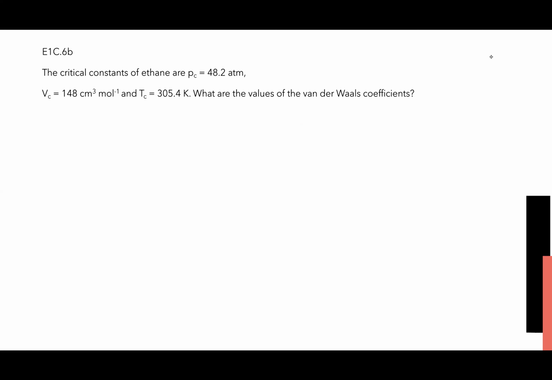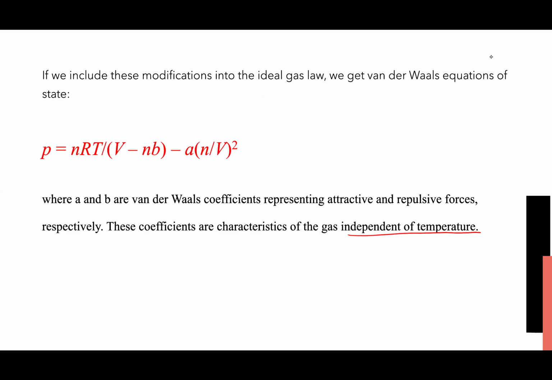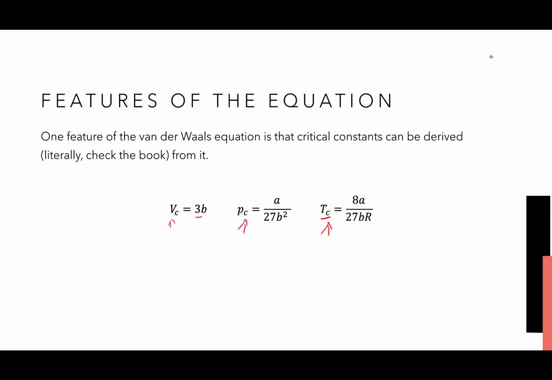First thing I want to do is that I see atmospheres, cubic centimeters, and Kelvin. Those are not that great. If we use these, it's going to get us slightly wrong numbers for A and B, because A and B, since we're relating them in the van der Waals equation to R, have to be in our SI units.